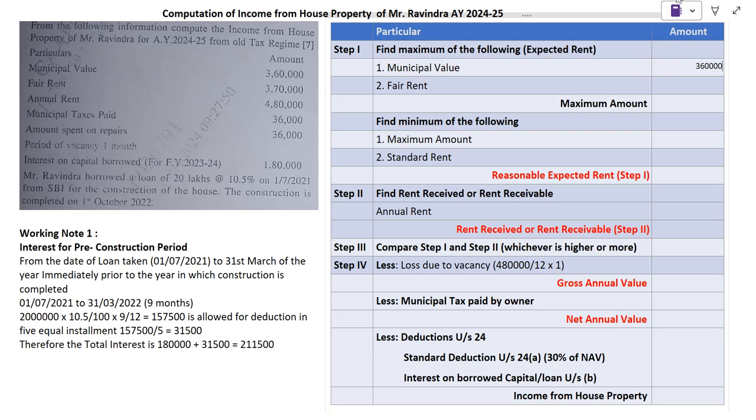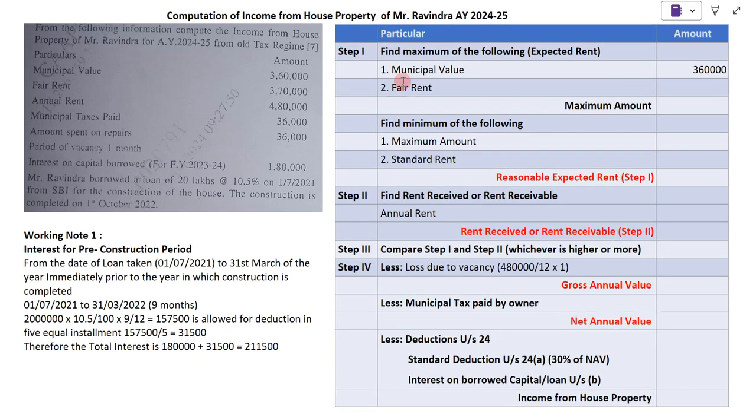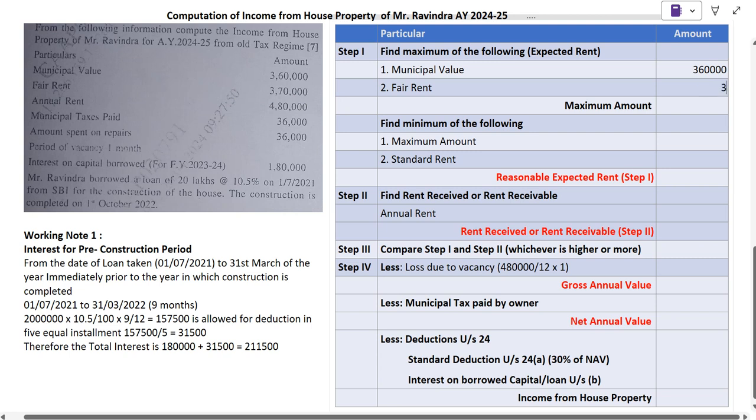Next is fair rent. Fair rent is given as 3,70,000. So write 3,70,000. From these two, whichever is the maximum amount is to be considered. So fair rent, 3,70,000, is the higher amount, so we are taking it as the maximum amount.